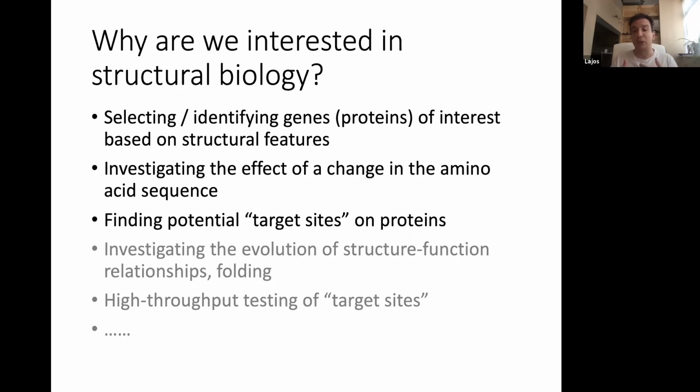So if you find out that in a cancer there is a kinase which is responsible for cell proliferation, and you crystallize that kinase domain, you have the three-dimensional structure, then you will be able to screen small molecules, try to put small molecules into that reactive or active center, which is responsible, for example, for the phosphorylation of another protein that will lead to the proliferation of the cell.